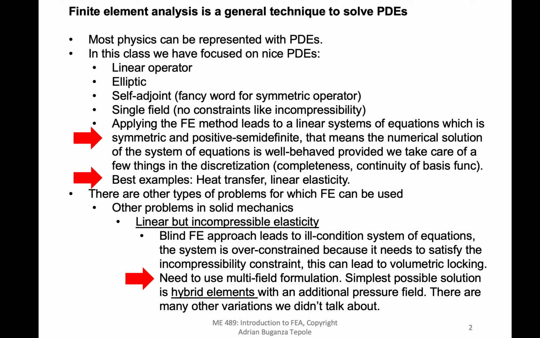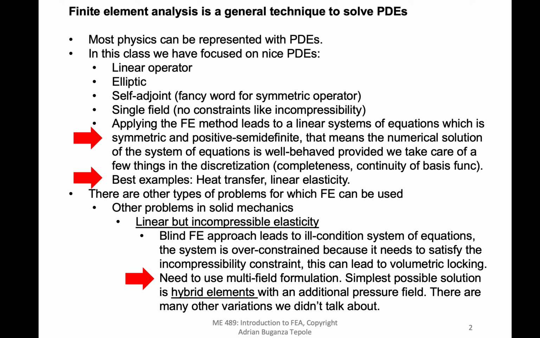So that's good. Obviously, it depends on the mesh refinement. But if you refine your mesh enough and you don't have these features of the geometry like 90-degree corners, then your solution should approach the analytical solution. And as I said, the best examples of this very well-behaved problem are heat transfer and linear elasticity.